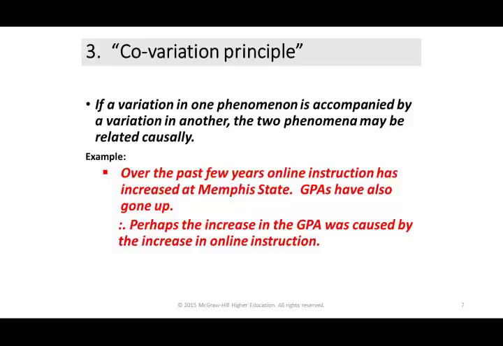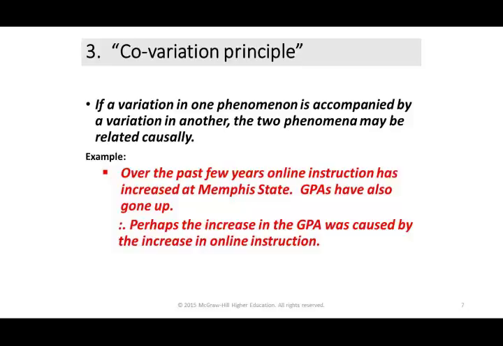Over the past few years, online instruction has increased at Memphis State. GPAs have also gone up. Perhaps the increase in the GPA was caused by the increase in online instruction.